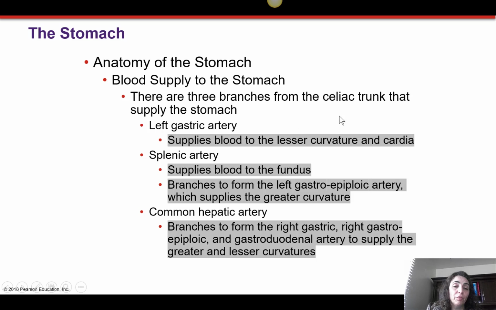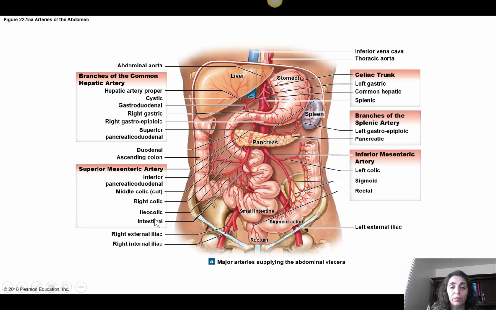All three of these come from the celiac trunk, and all three are supplying the stomach. You don't need to know these gray areas, which specific one is going to supply which specific part of the stomach. Just know the names of these three and that these are supplying all different parts of the stomach.